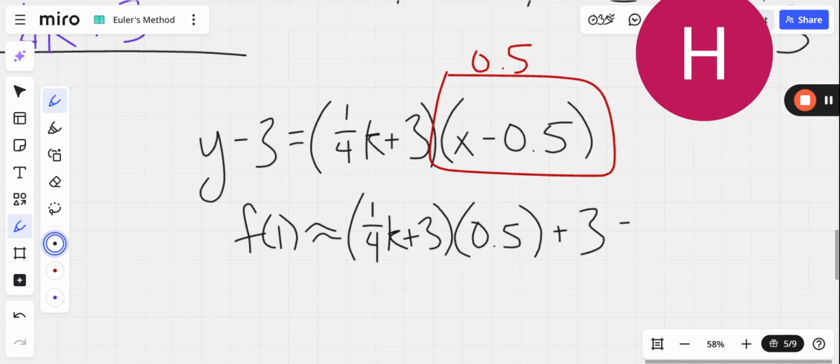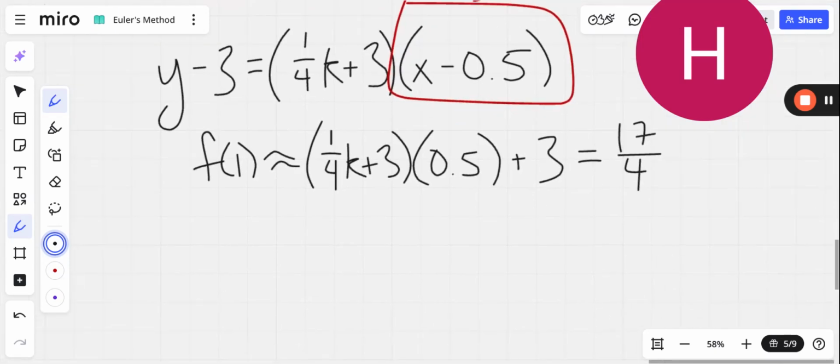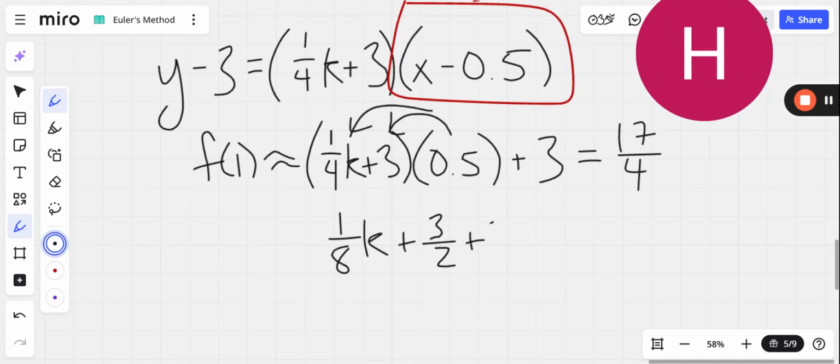And then we're going to add 3, and we know that this is equal to 17 over 4. So how would this work? This would give us 1/8 k, I'm just distributing this 0.5, 1/8 k plus 3 over 2, however you want to call it, you can call it 1.5 if you want, plus 3 equals 17 over 4.